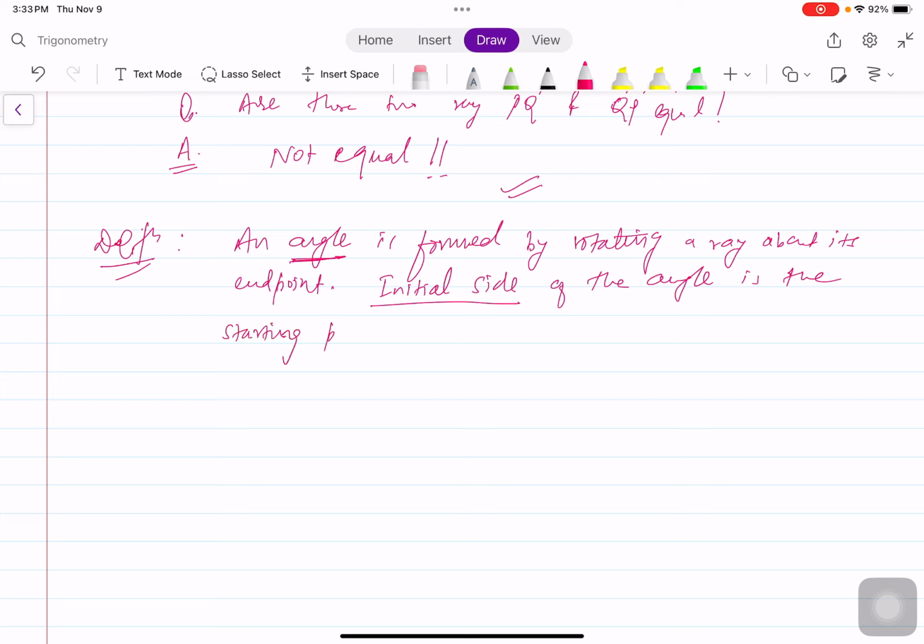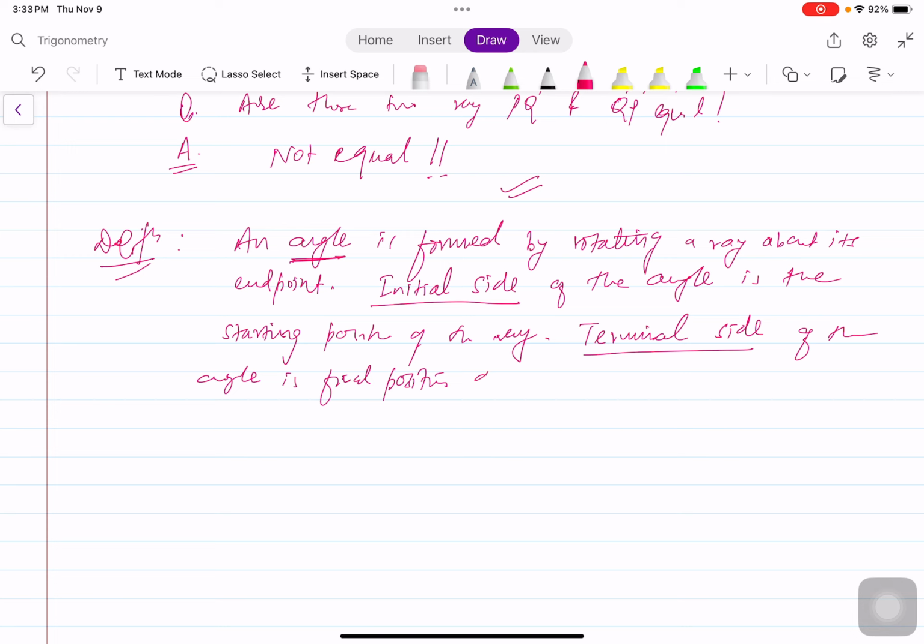And what is the terminal side? I will explain in a while figuratively. Terminal side of the angle is the final position of the ray.